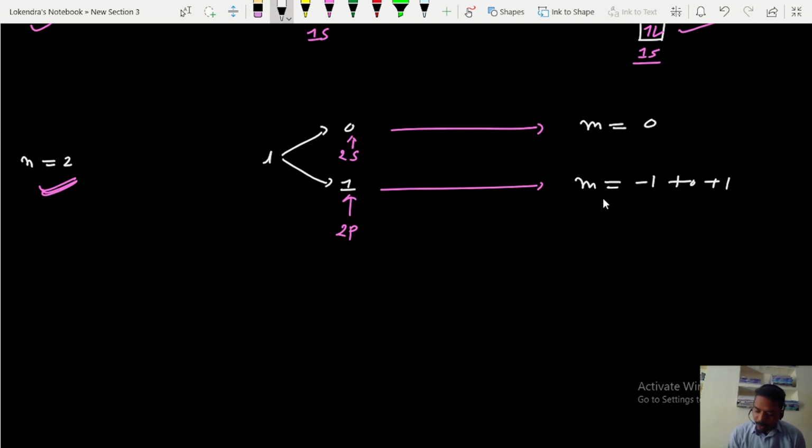We know that the magnetic quantum number value is from -l to +l, so we can write -1 to +1. So these have 3 values: -1, 0 and +1. For m equal to 0 we can draw one small square, and for -1, 0 and +1 we have to draw 3 squares, like that.